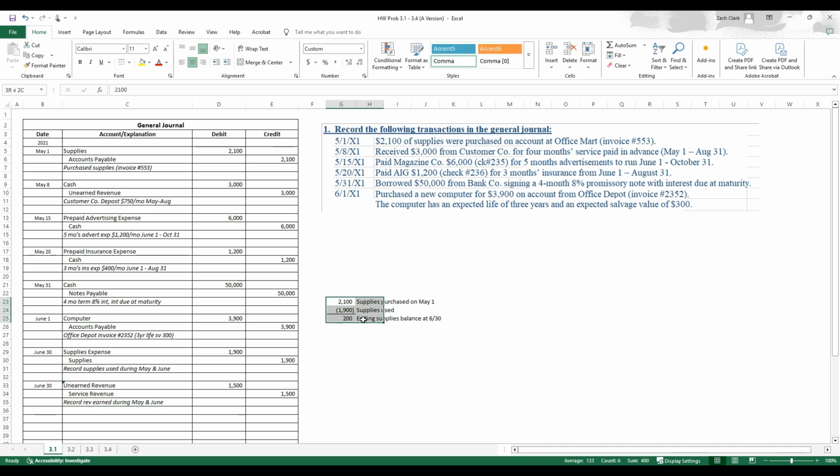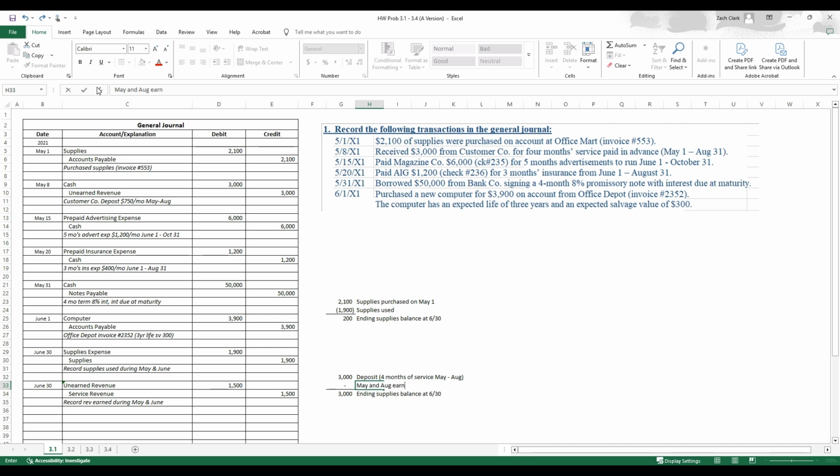Okay, so again, in this one, I'll just do a little calculation to prove it to us here. So we received $3,000 in cash originally as a deposit, an upfront payment by the customer, and that represented 4 months of service from May to August, and then this is May and June earned.